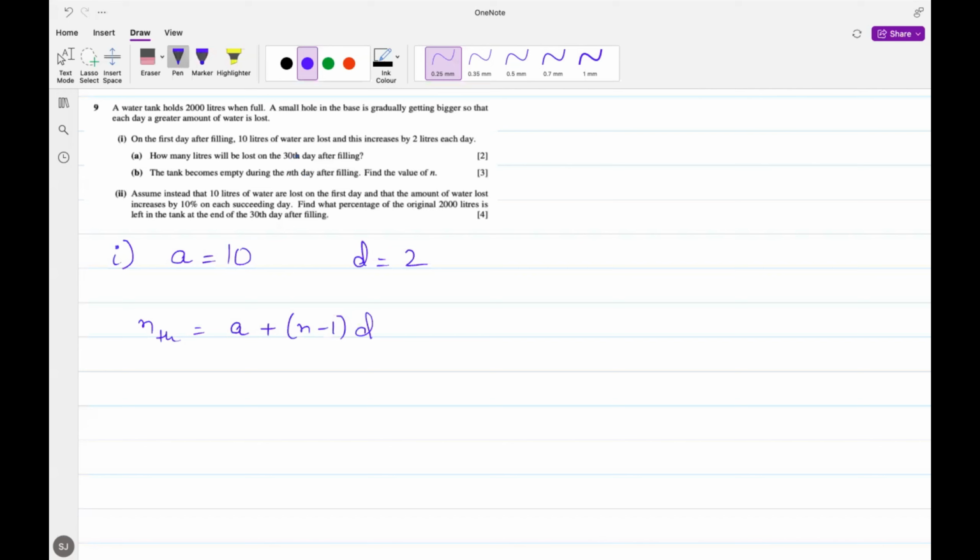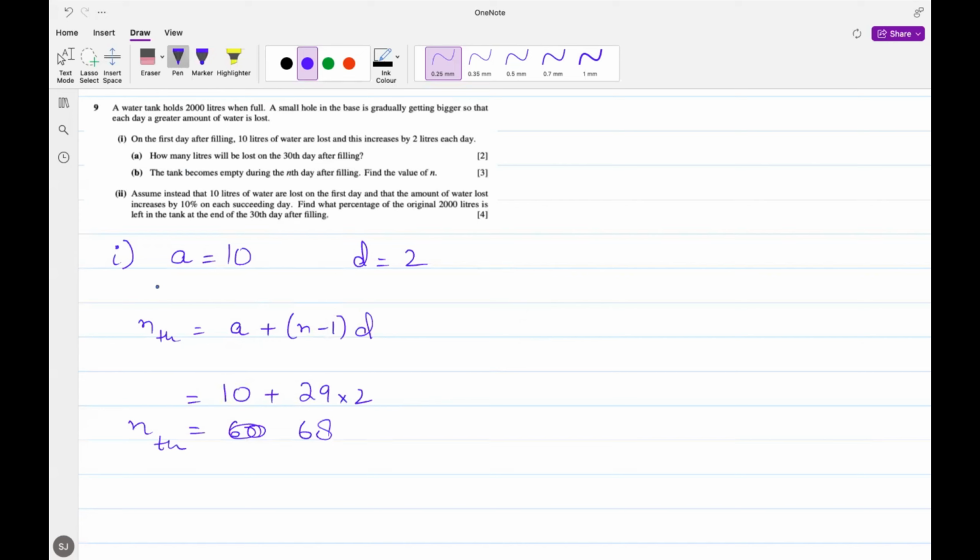As we are looking for the value on the 30th day, we'll use a as 10 plus 29 times the common difference 2. So 58 plus 10 will become 68. So on the 30th day, 68 liters will be lost.